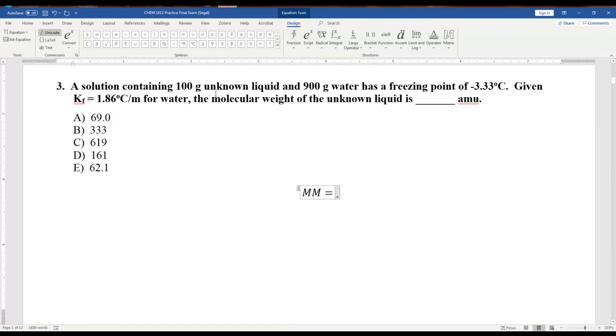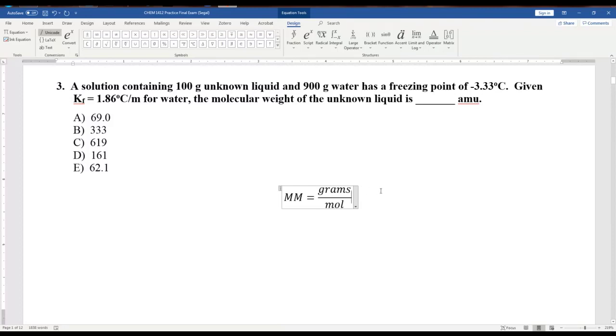Now it further makes it a little bit tricky because it says AMU as the unit, but grams per mole, grams divided by moles. The unit of molar mass is usually grams per mole. And we know that, so it's going to be the grams divided by moles.